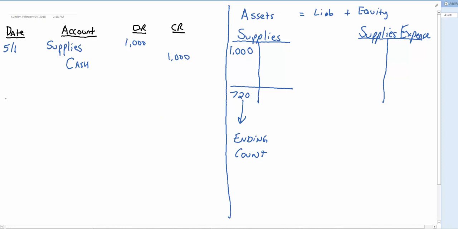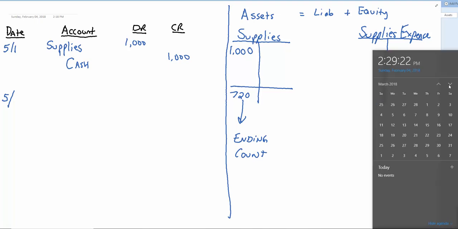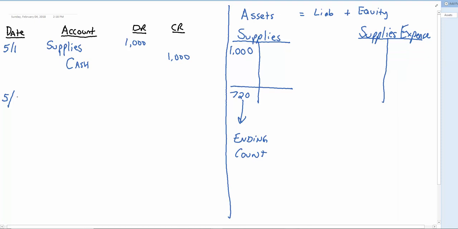So at the end of the month, at the end of May, there's 31 days in May. Okay. So at the end of the month, we did our count, and now we have $720 left. So we need to make an adjusting entry to bring our supplies down from 1,000 to 720. We need to account for the fact that we used up $280 worth of supplies in the month of May.